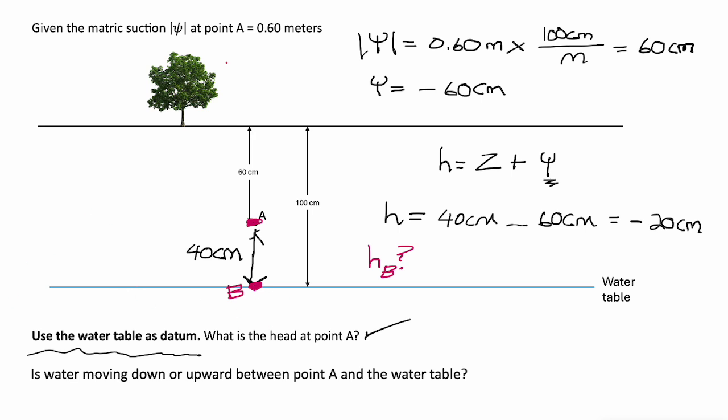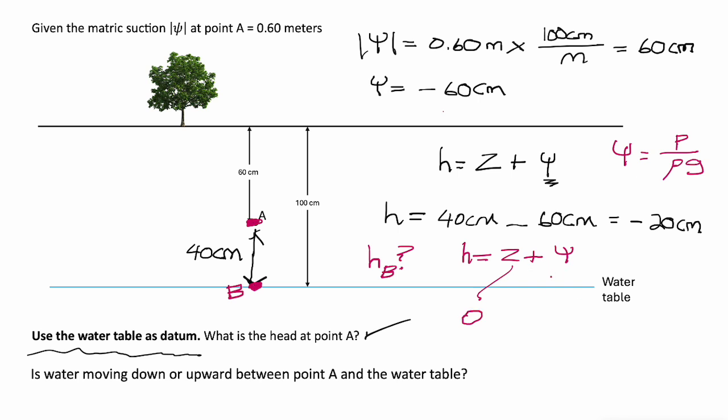So the head at B, we're going to use the same equation, H, I'll do it in red here, H is equal to z plus psi. Remember, too, that psi in general is equal to P over rho g. This is always true. So what is the elevation at the water table? Well, if the datum is the water table, then this is 0.